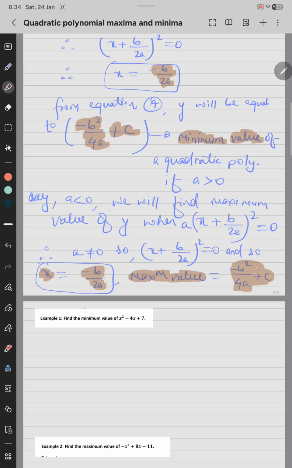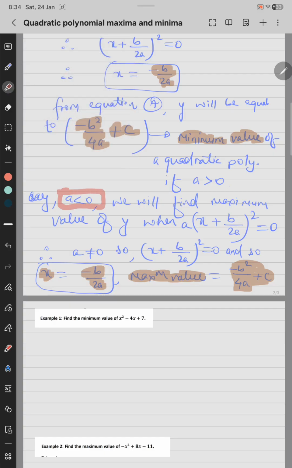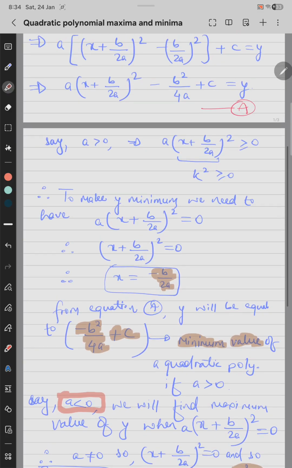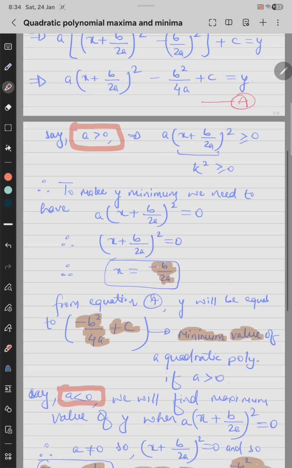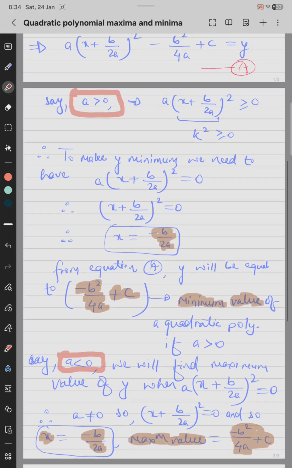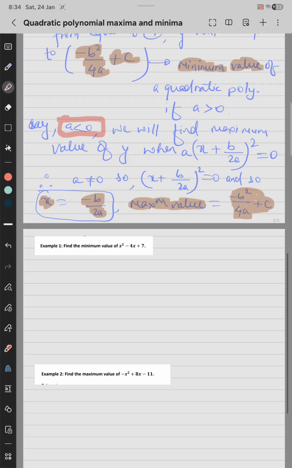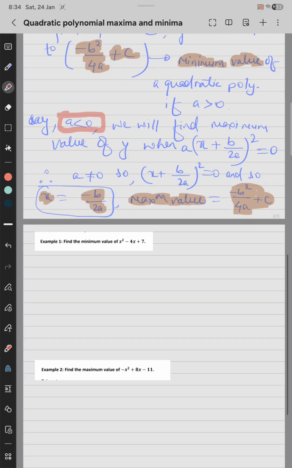If a is greater than 0, we have the minimum value and we do not have any maximum value. But if a is less than 0, then we have a maximum value.